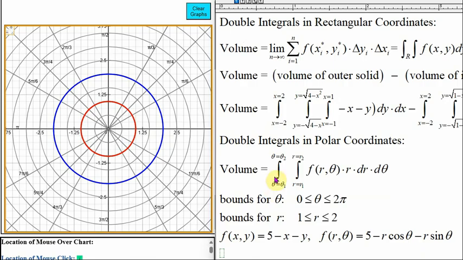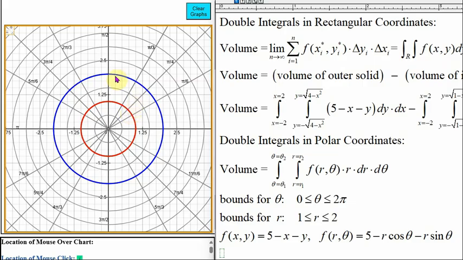And so to set up the double integral in polar coordinates, notice that if we look at region R right here in polar coordinates, then this circle right here will have the equation of r equal to 1.